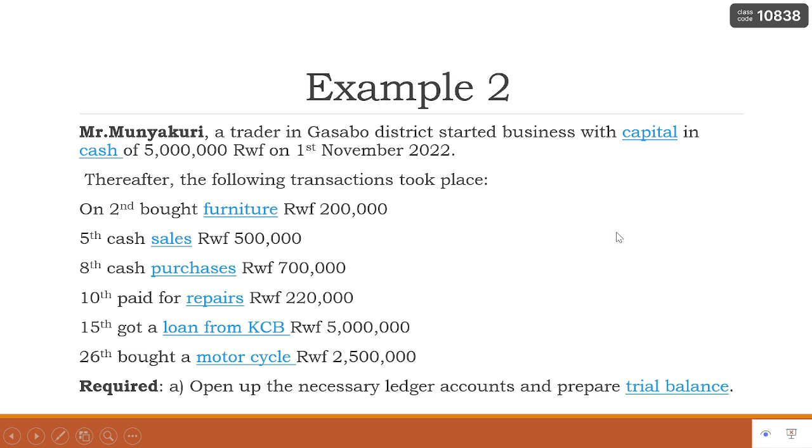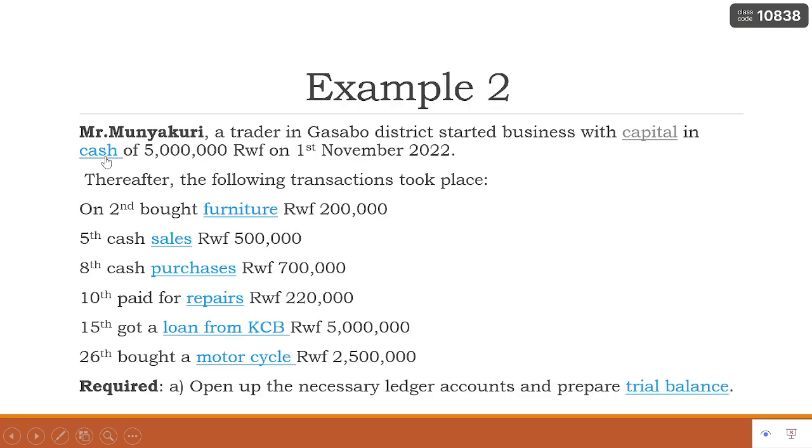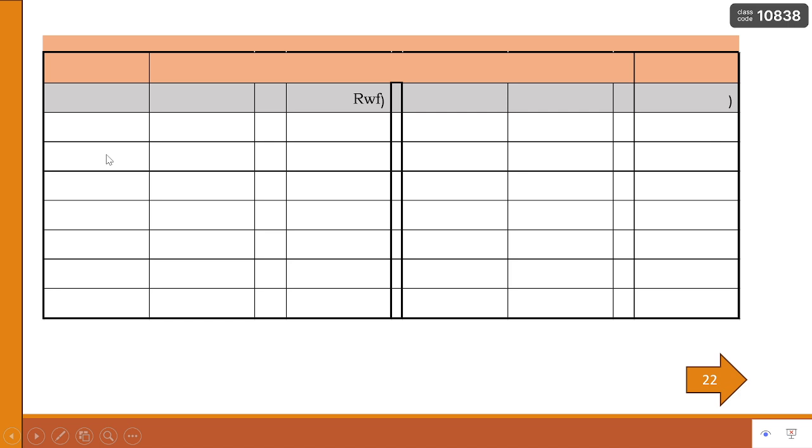We shall open the ledger accounts. We shall open the capital account for this very first transaction, and we open the cash account.